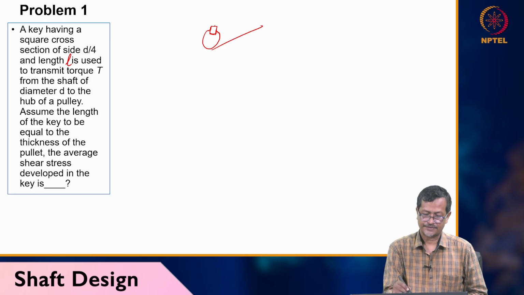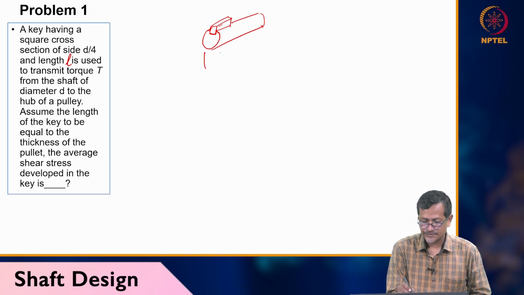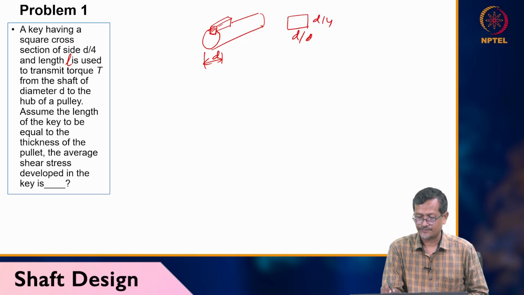The shaft diameter is D, and the cross section of the key is square, this is d by 4, and this is also d by 4.